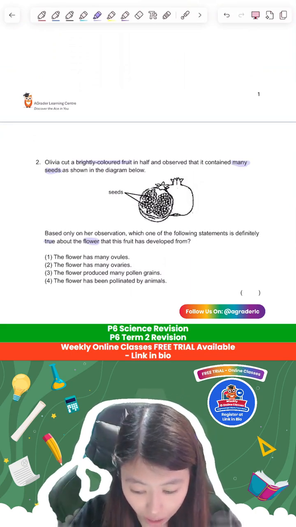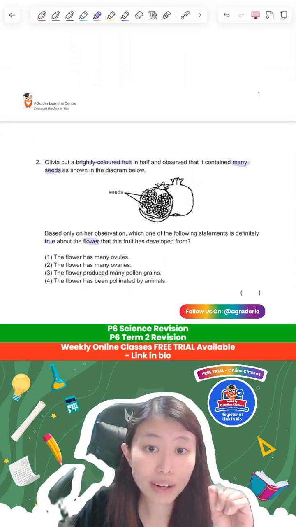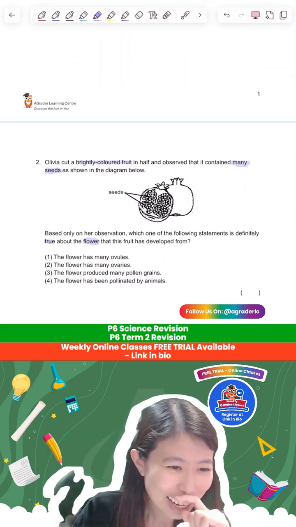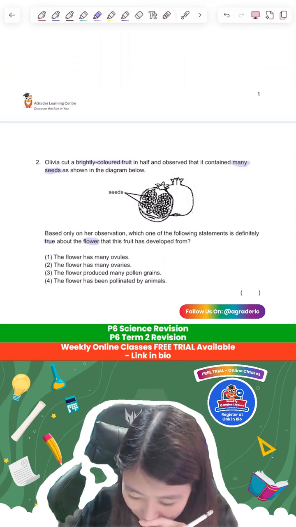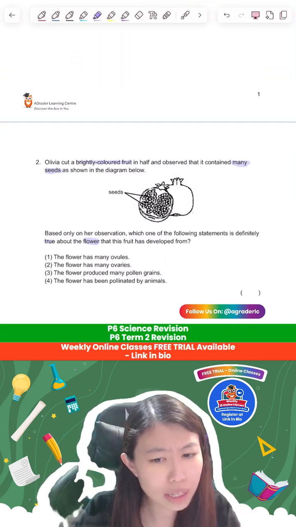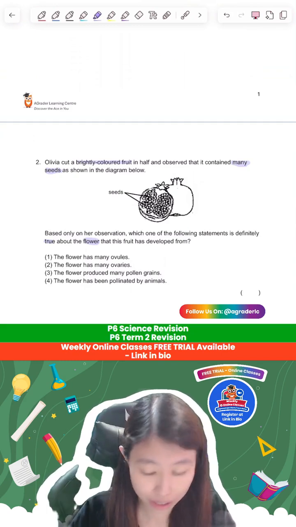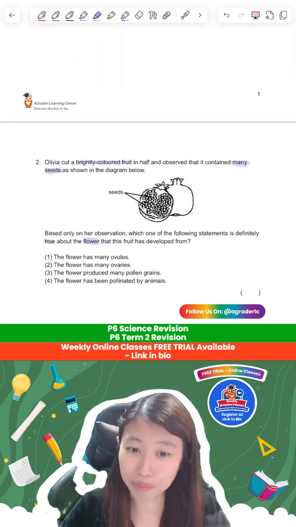If you're focusing on the flowers, what does the seed tell you? Where do the seeds come from? You must remember the science concept: seed develops from what?